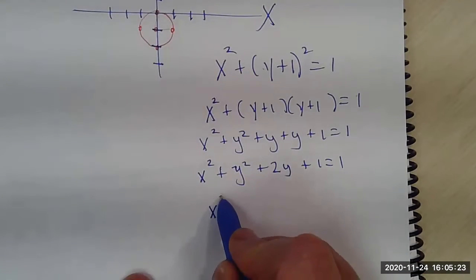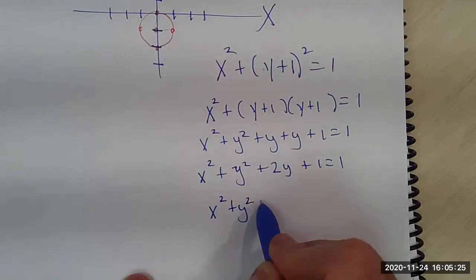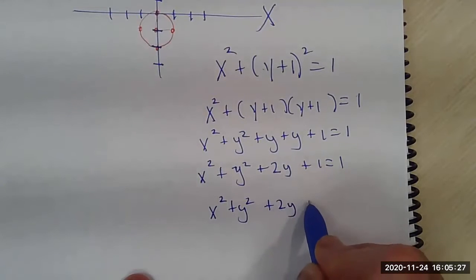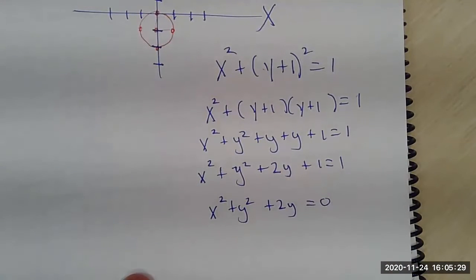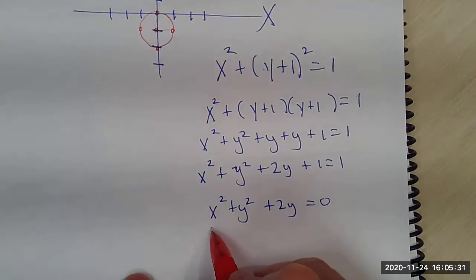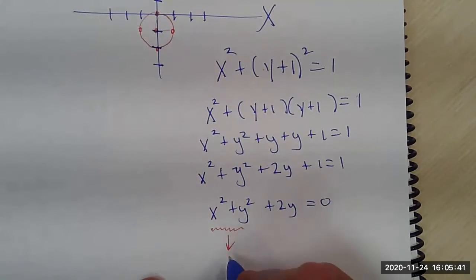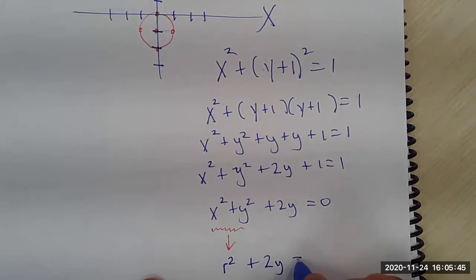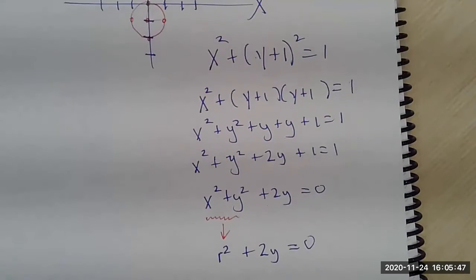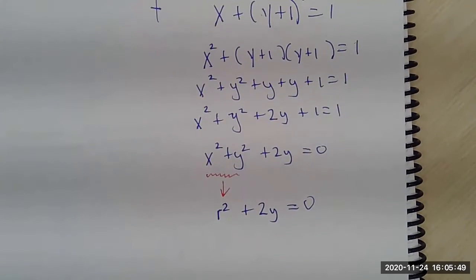So I've got x squared plus y squared plus 2y equals 0. Here's something very nice: just so happens x squared plus y squared is r squared. So you make a substitution, and now this piece becomes r squared plus 2y equals 0. And one more thing, get rid of the y.